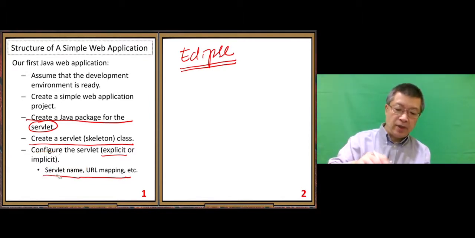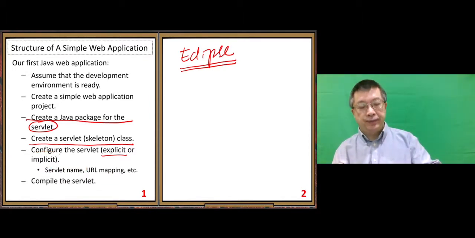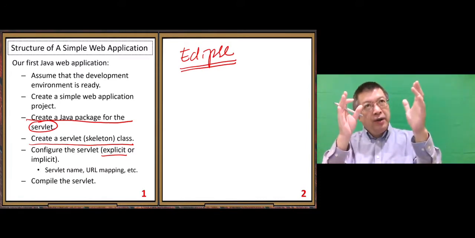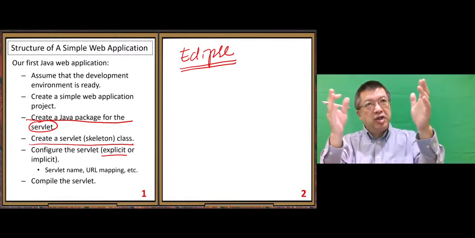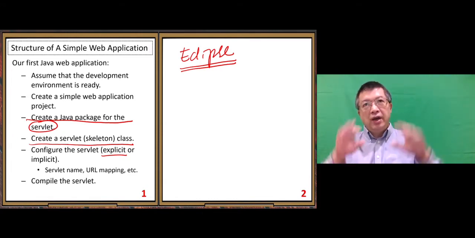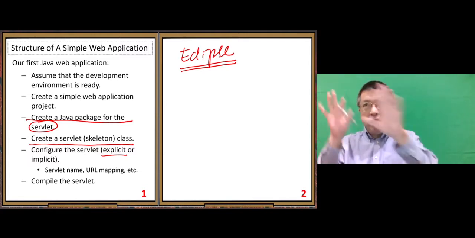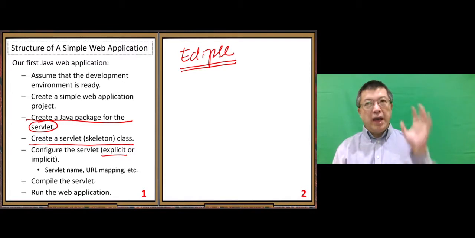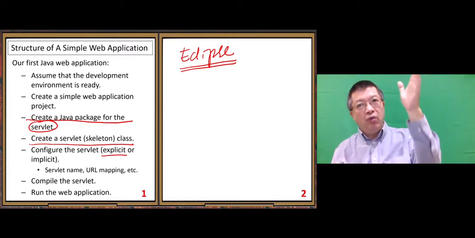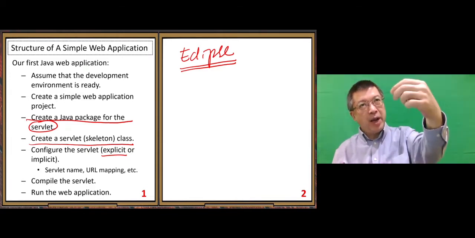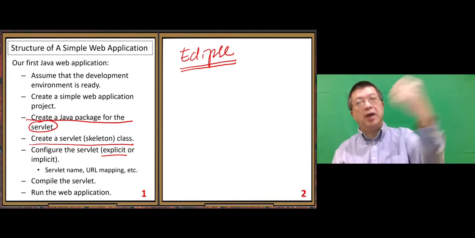Next, compile the servlet. Inside the IDE, this step is automatic. You don't need to do anything. The IDE usually compiles all your Java files automatically. The last step, run the web application. We start a server, then run the web application, and then we see the result.